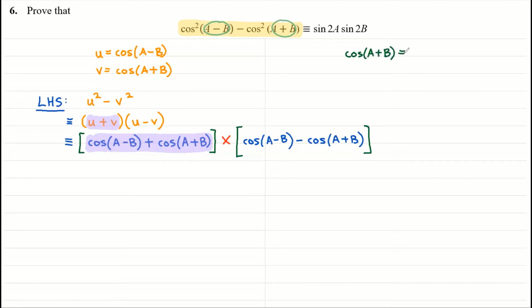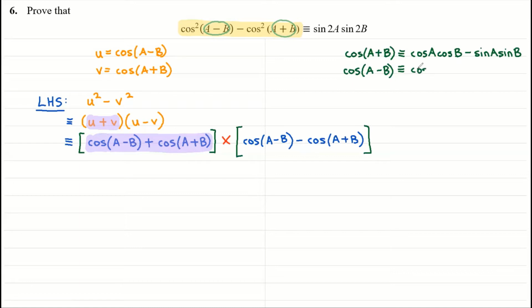Cos of a plus b is identical to cos a cos b subtract sine a sine b. Okay, remember the signs in the middle are opposite. Is a crude way of putting it, but it's true. Okay, and then when we have the cosine of a subtract b, we simply change the sign to a positive.